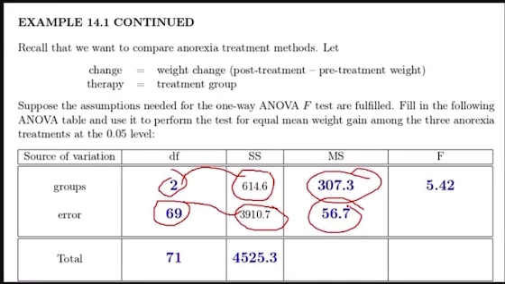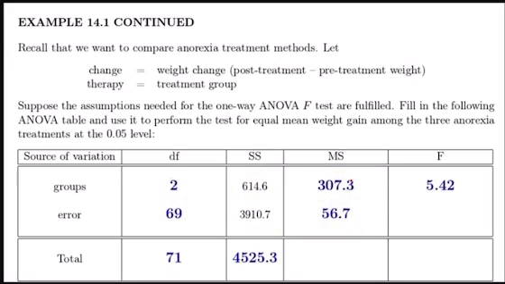Now, the moment I know the MS column, it's always going to be this divided by that to arrive at this. You have to be very, very careful. This is the F statistic. Whenever we want to get the ANOVA F statistic value, we need an ANOVA table.